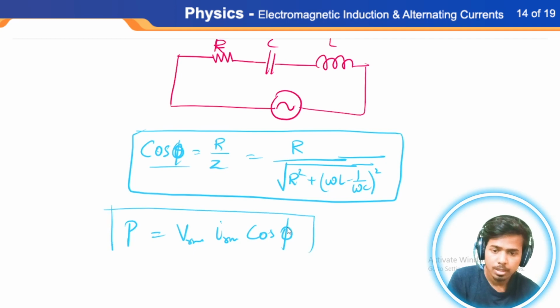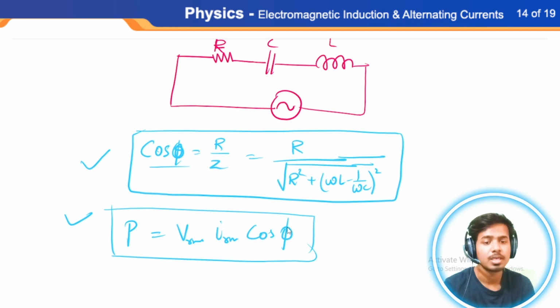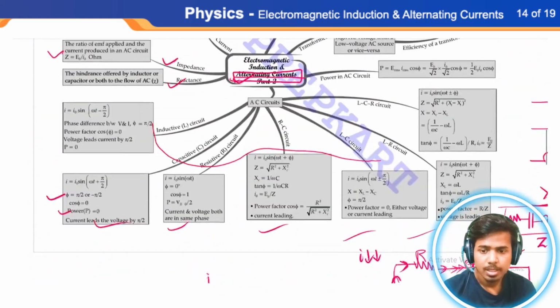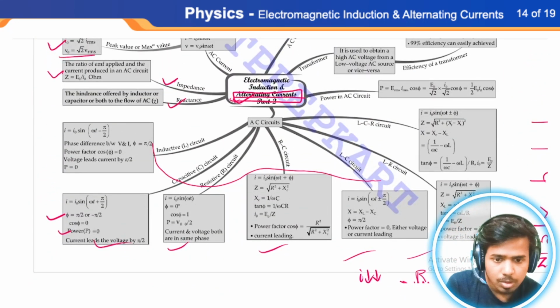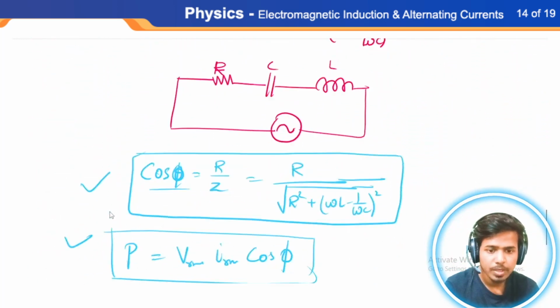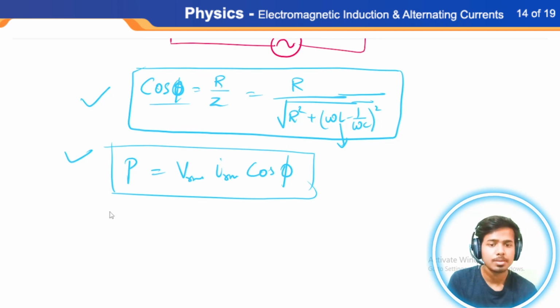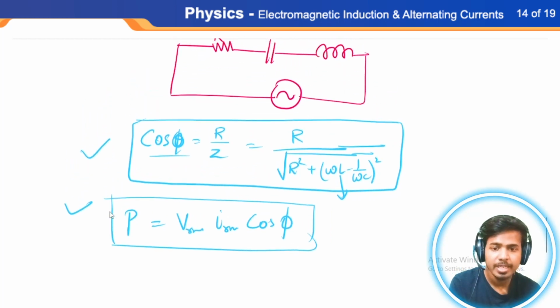This formula and this formula will sort all of the circuits. Why? Let's take an RC circuit. In this, L is going to be 0. So you just plug the value of L to be 0 over here, and the rest you will get simply the rest of the terms, in finding cos phi.